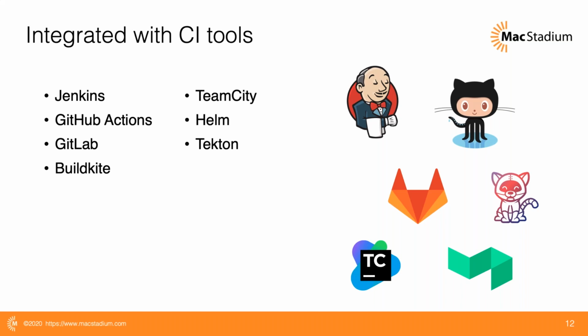So things like Jenkins and TeamCity and GitHub Actions and GitLab, BuildKite, Helm and Tekton have a straightforward, clear example of how to use it. And if you have a team that's on one of those platforms, while they're learning Orka and figuring out how Orka works for their Mac builds, it's also quite simple to plug the plugin into your CI tool and have Orka run in the background. It's not something you then have to think about as much.